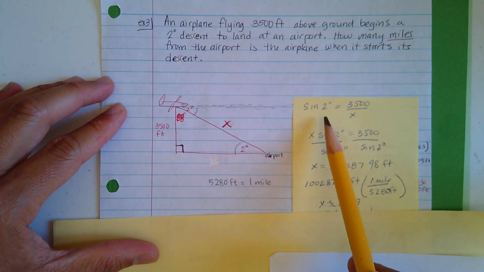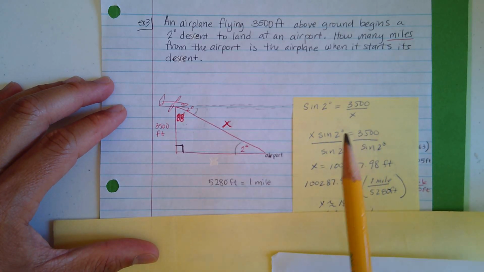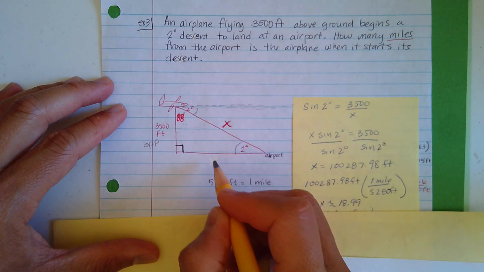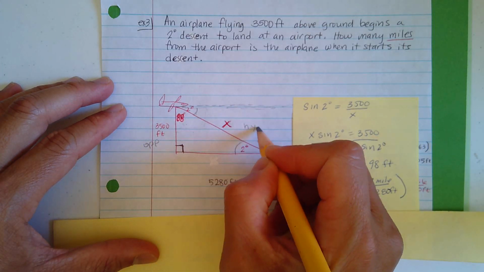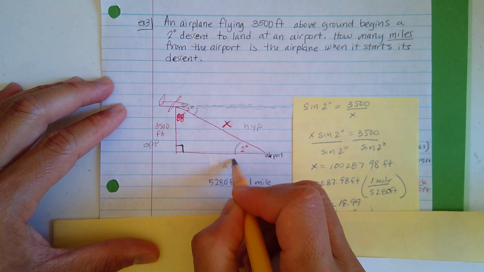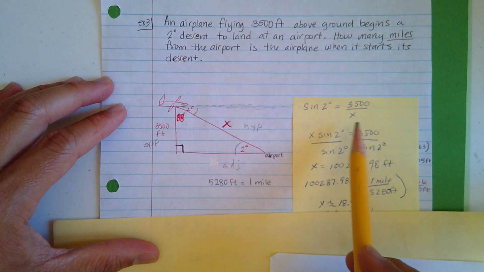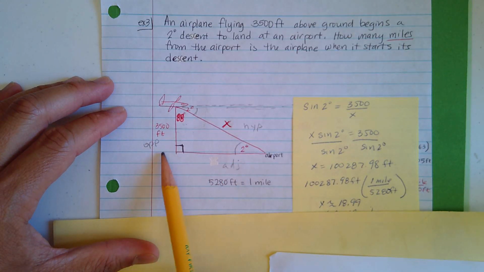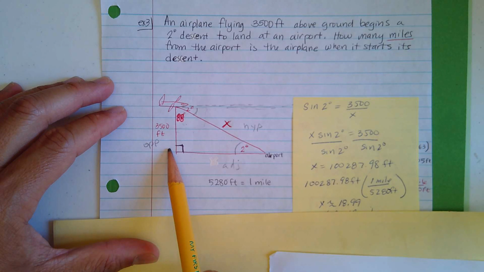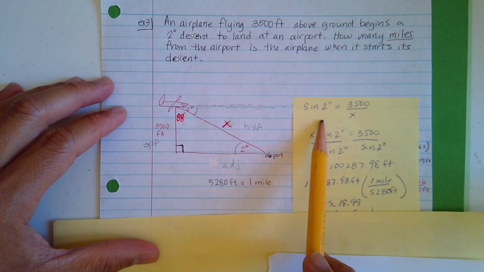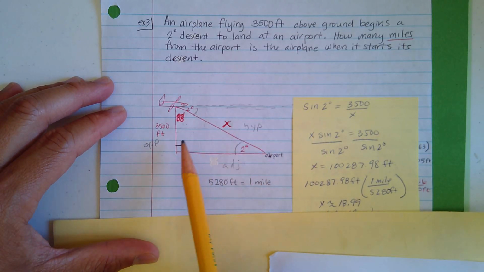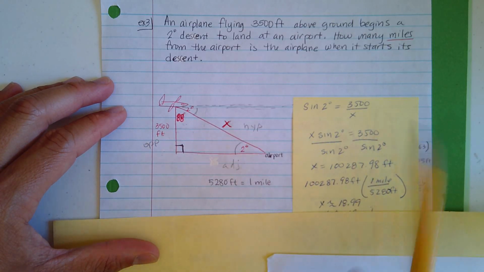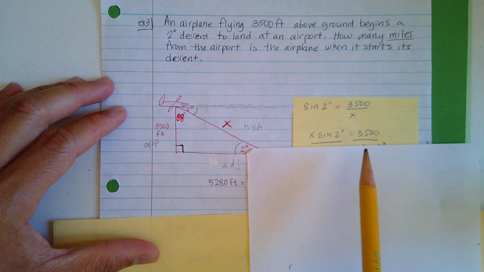is sine 2 degrees is equal to, again, mark this, opposite, hypotenuse, adjacent. So sine 2 degrees is opposite over hypotenuse. That's why we're using sine. So it's 3,500 feet over x. We cross multiply, cross product property.